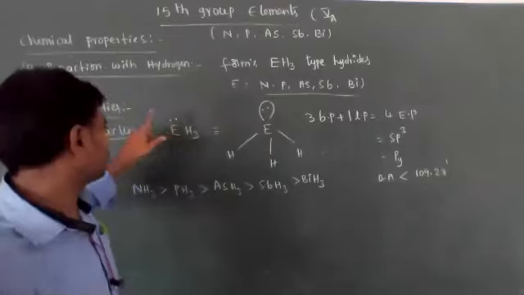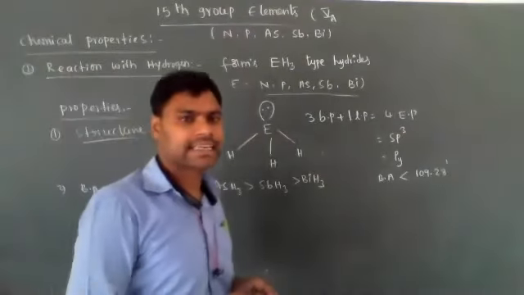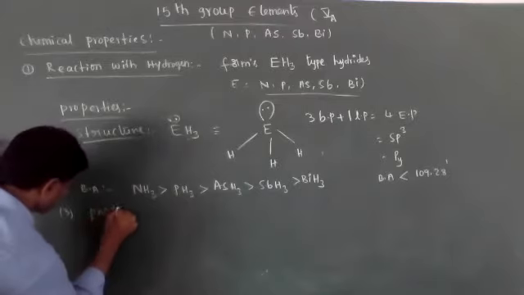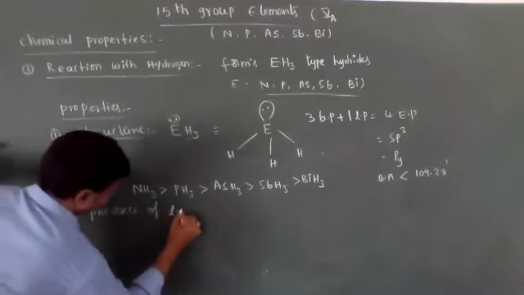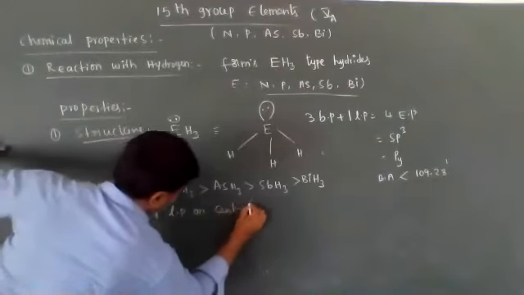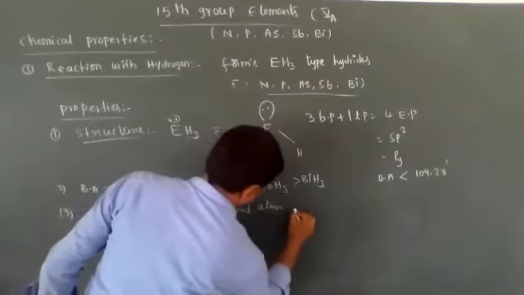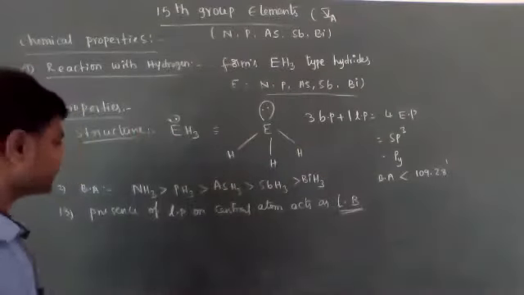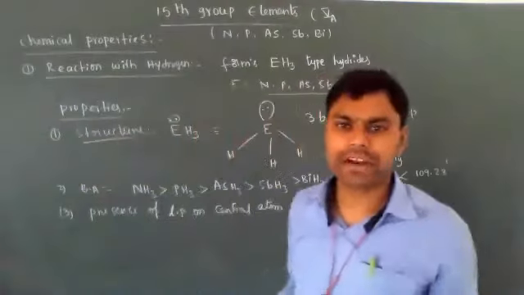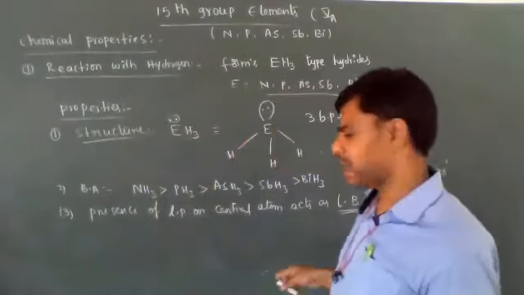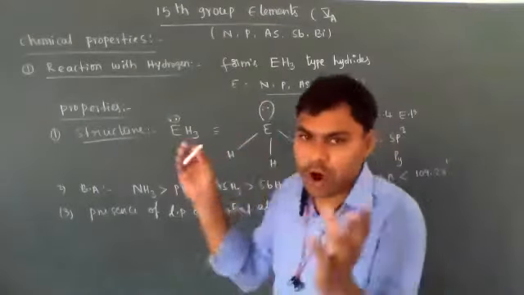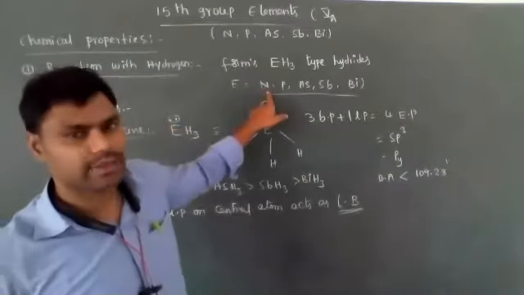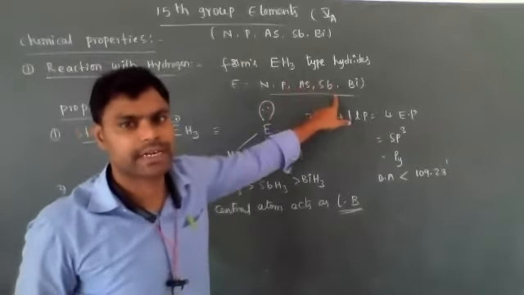Okay students, let's see these 15th group element hydrides. Due to the presence of one lone pair on the central atom, they act as Lewis bases, which can easily donate a pair of electrons to another molecule or atom. Among them, nitrogen is small in size, so the electron density of its lone pair is more compared to phosphorus, arsenic, antimony and bismuth.